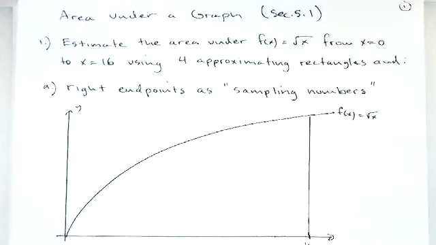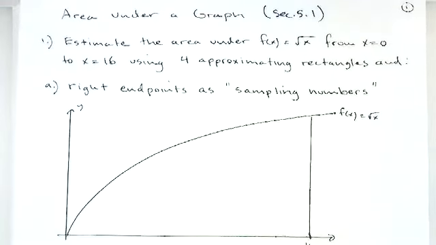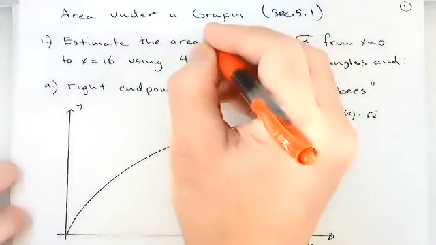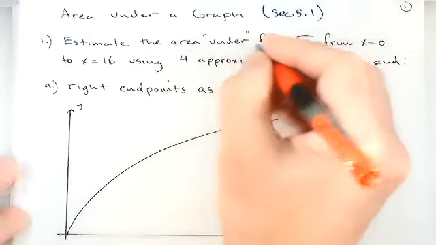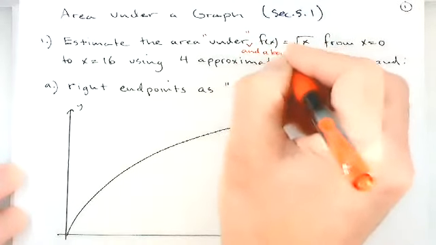We are going to come back to antiderivatives, but for a few sections in the book, what we're going to concern ourselves with is finding the area or estimating the area under a graph. When I say under, that also means and above the x-axis.